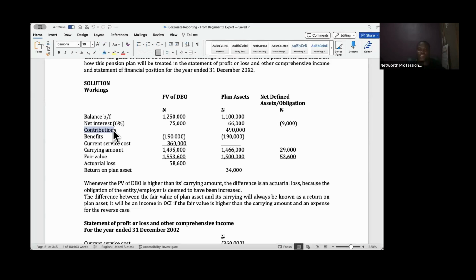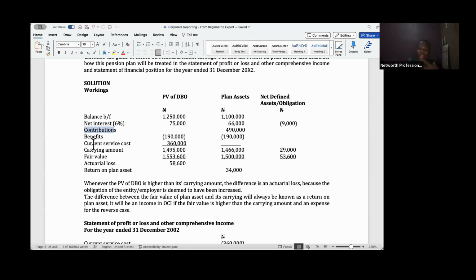And why she's correct is that if you remember, when you make a contribution, the two legs are you are contributing into the plan assets and you are taking money from your accounts. So plan assets and bank.